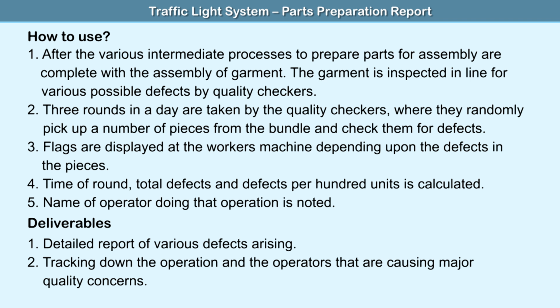How to use: after the various intermediate processes to prepare parts for assembly are complete with the assembly of garment, the garment is inspected in line for various possible defects by quality checkers. 3 rounds in a day are taken by the quality checkers, where they randomly pick up a number of pieces from the bundle and check them for defects.